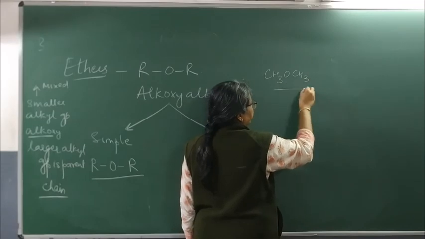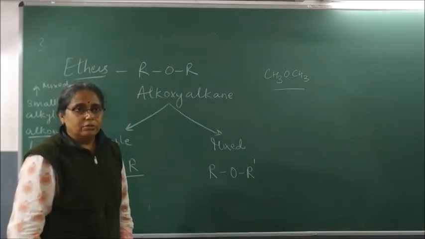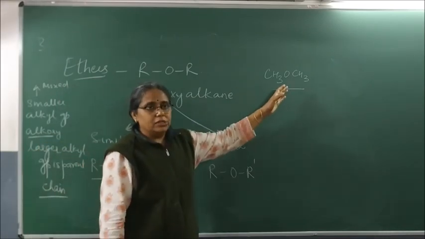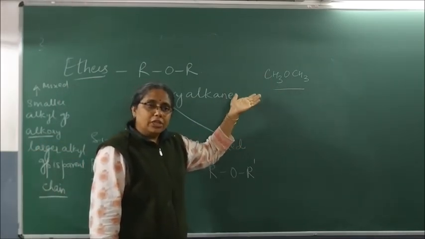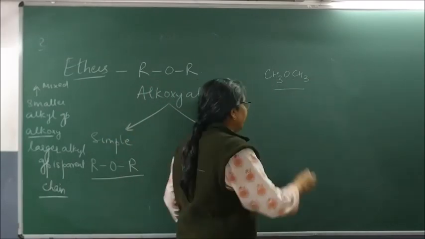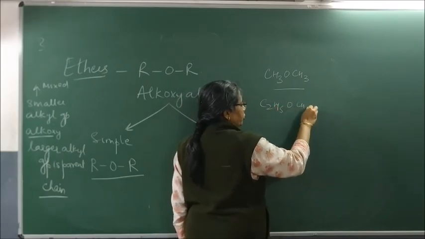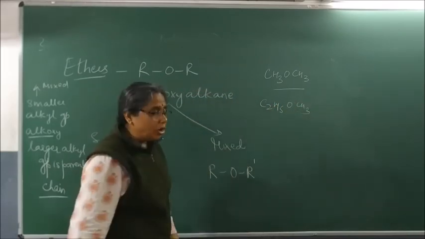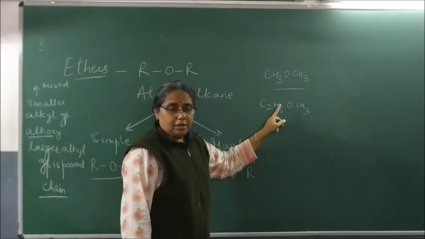If I write CH3OCH3, the common name is dimethyl ether. The IUPAC name is methoxymethane. But if I make this C2H5OCH3, then the common name is ethyl methyl ether.